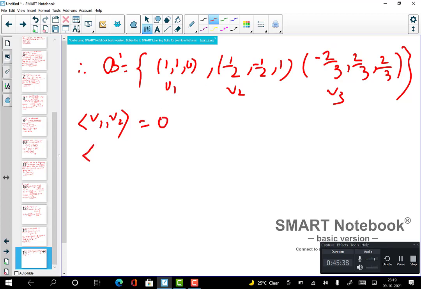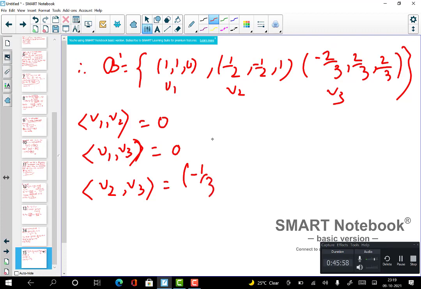Similarly, the inner product of v1 with v3, we'll have minus 2 by 3 plus 2 by 3 and 0. So this is 0 again. And in the inner product of v2 and v3, this is half into this, so this is minus 1 by 3. This into this is minus 1 by 3.